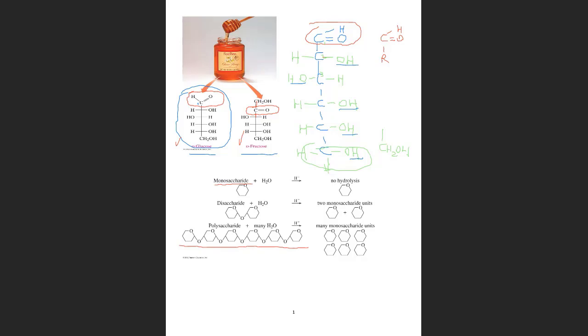In this experiment, you can check with our instructor. Your main objective is to perform different tests to distinguish between different types of carbohydrates.